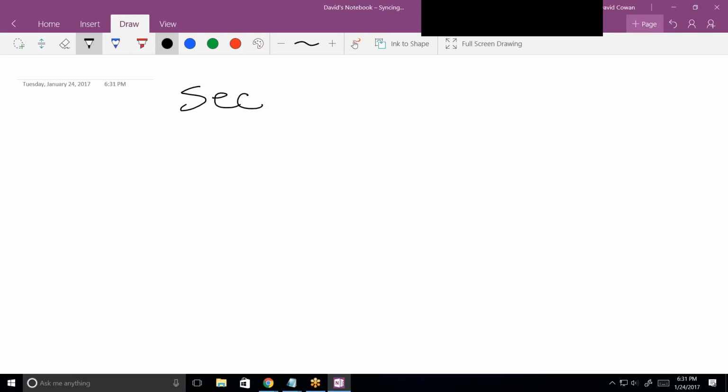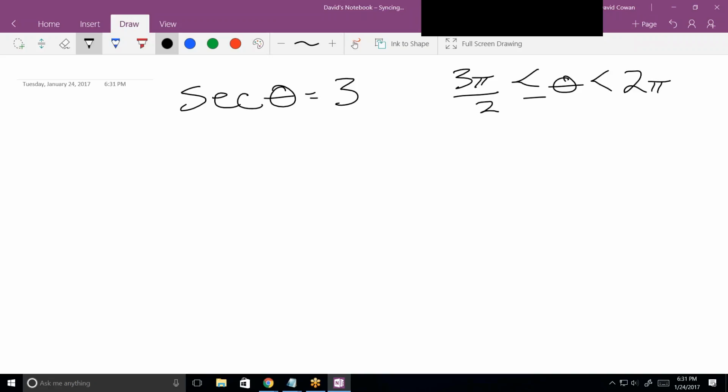And that is where they give you one trig value and they tell you which quadrant it's in. This is what you were trying to verbalize. Yeah. And probably less than 2 pi. Yes. Okay?